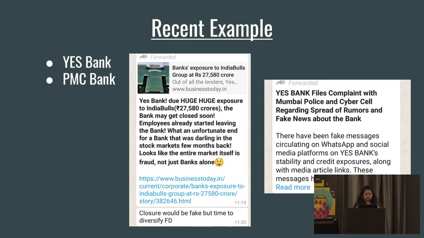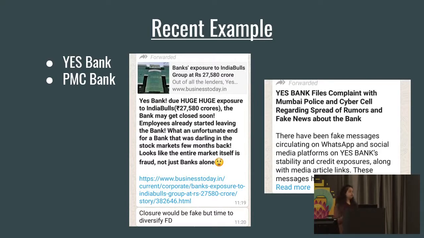They have also sent in a link which comes from Business Today. Business Today is a credible agency. So anyone reading just this and not going to the article and checking out these facts would think that this is credible news.